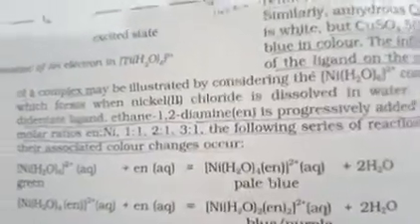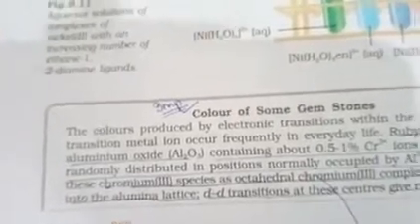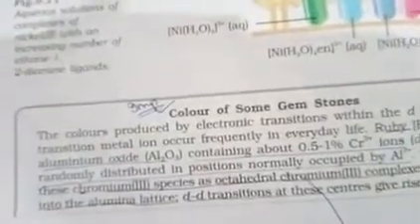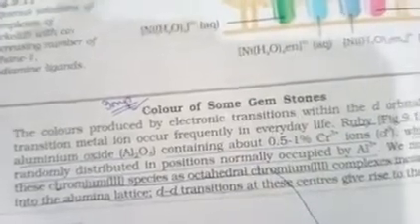Now let us see about the color of some gemstones, and this part is also important as it was already in the board exam. The color produced by the electronic transition within the orbitals of transition metal ions occurs frequently in our everyday life.